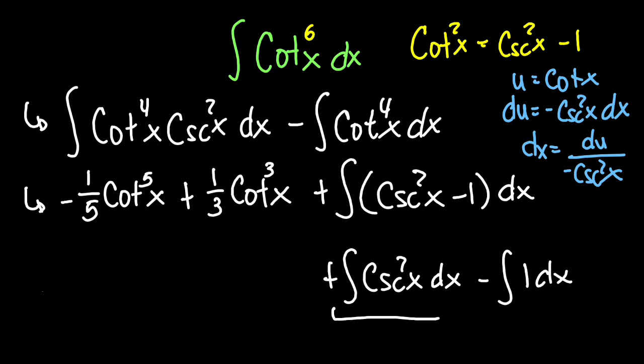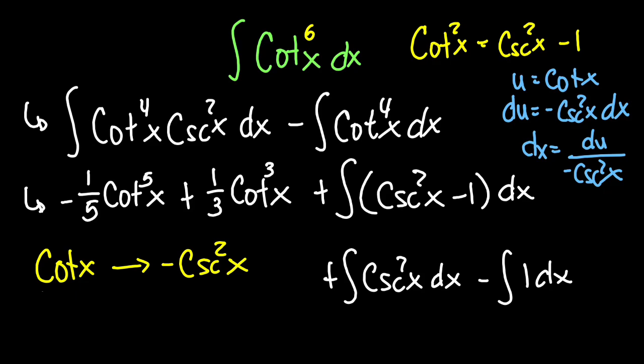Focusing on this one, the integral of cosecant squared of x. What you must know here would be this one. The derivative of cotangent of x would be equal to negative cosecant squared of x. And since we know that the derivative would be the opposite of integration, we can say that the integral of negative cosecant squared of x is actually equal to cotangent of x. But since what we have here is a positive cosecant squared of x, just reverse the sign.